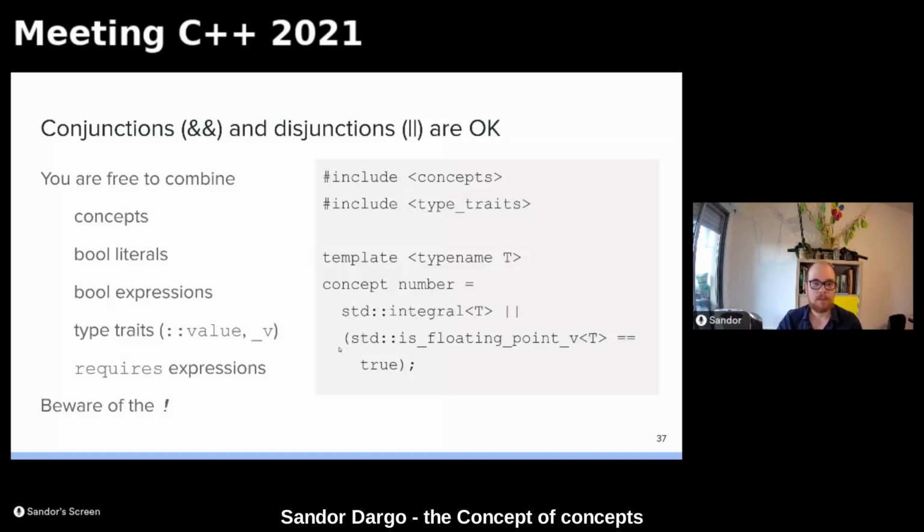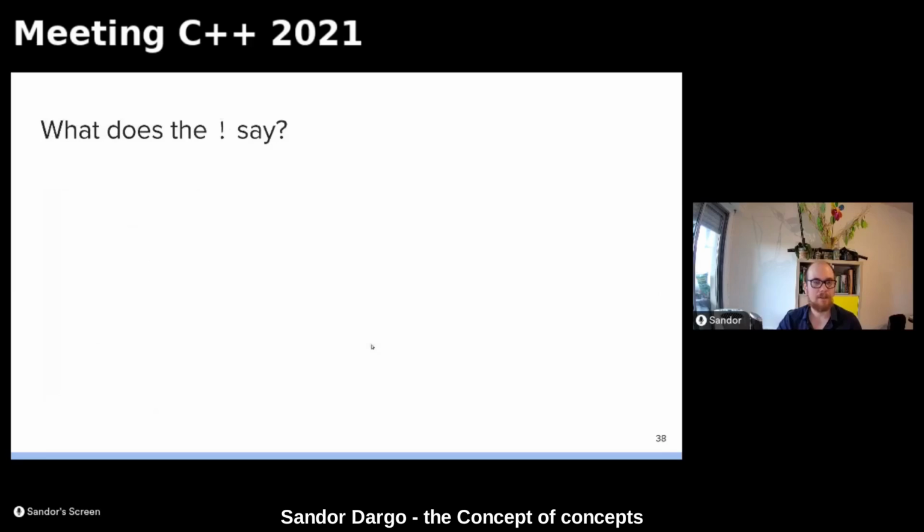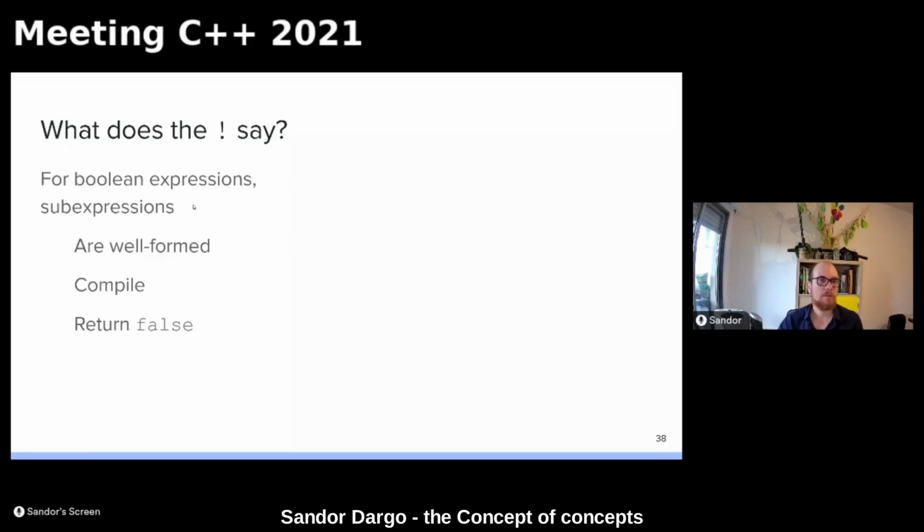But you have to pay attention when you want to use negation. With negations, it becomes a bit tricky. So what does the exclamation mark say to us? For Boolean expressions, you would expect that whatever is in your expressions, all the sub-expressions should be well formed. They should compile, and they might return false.